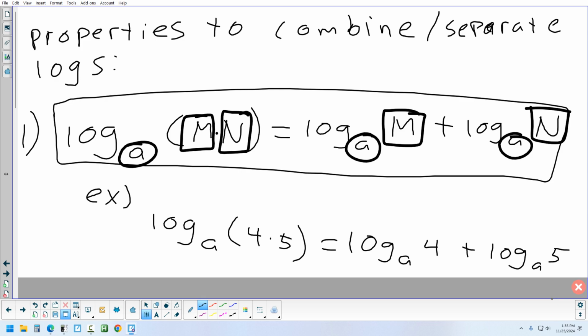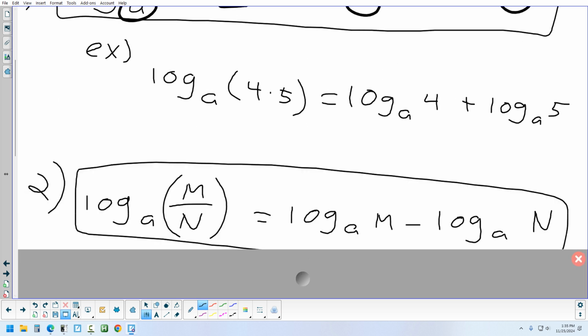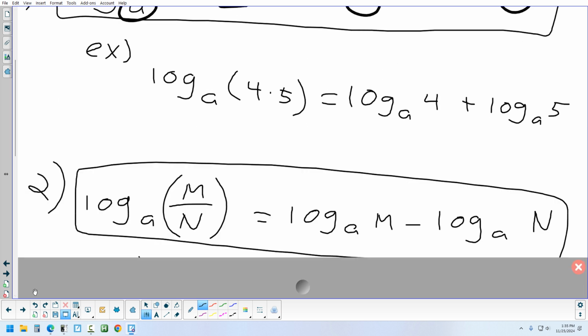All right, so that was multiplication. What do you think would happen if this was division? It would become a subtraction. So if you have a log and you are dividing 2 things, you can turn division into subtraction.